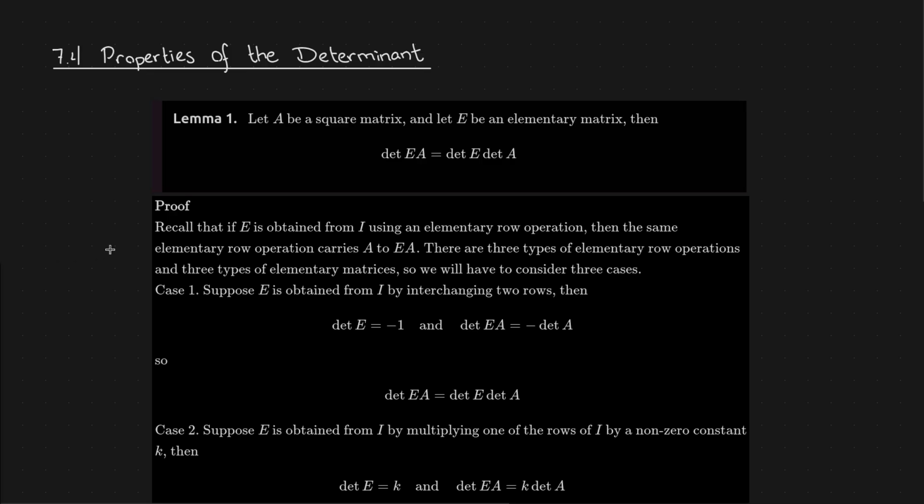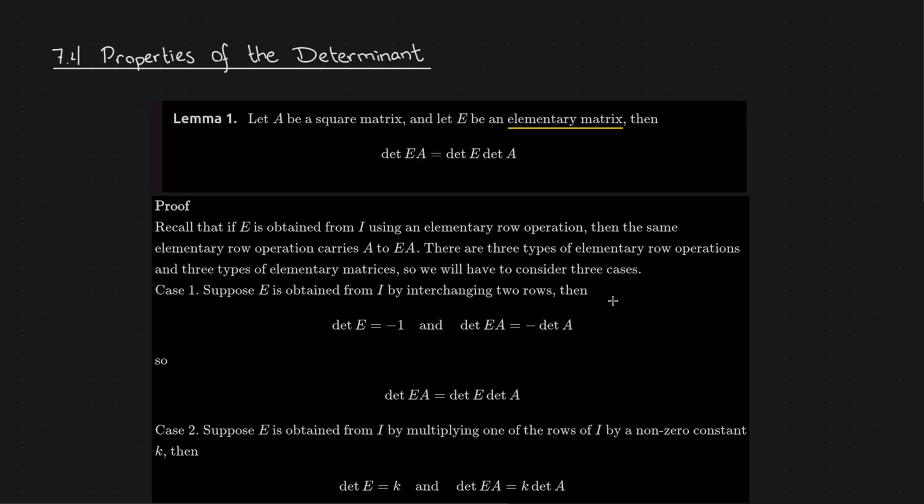Now, we're going to start with a lemma. This lemma on its own is not especially important, but it's going to lay the foundation for the important results later in this section. So let A be a square matrix, any square matrix, and let E be an elementary matrix. Remember, an elementary matrix is a matrix where we've just applied one elementary row operation to the identity matrix.